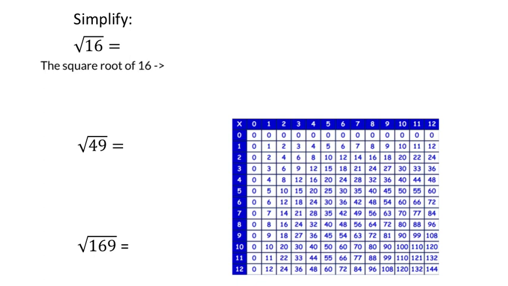But it's really asking what number times itself is 16? Okay, so the number that multiplies by itself to get 16 is 4. Now, 4 times 4 is 16, but the square root of 16 is really asking for one of those side lengths of a square, and so this one is just an individual 4 by itself.